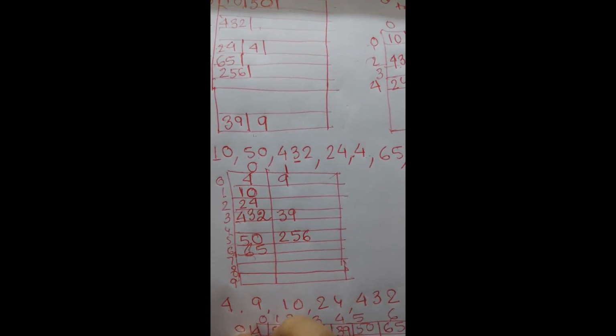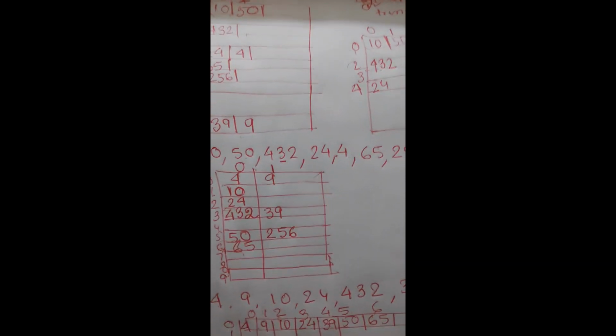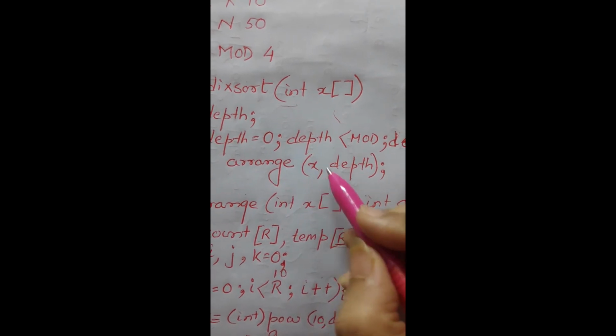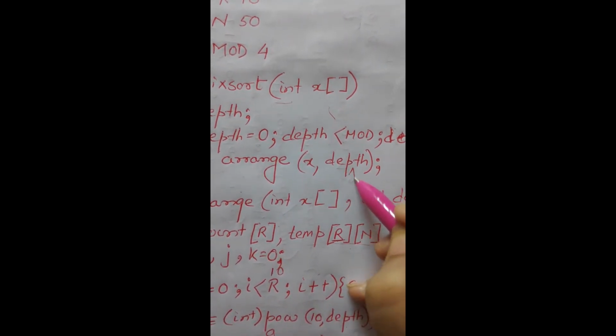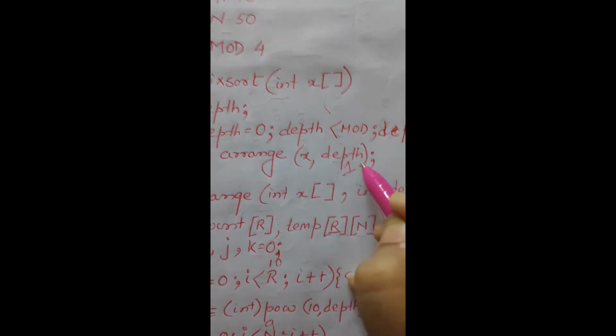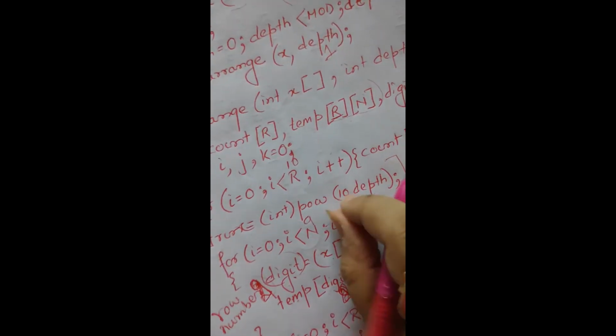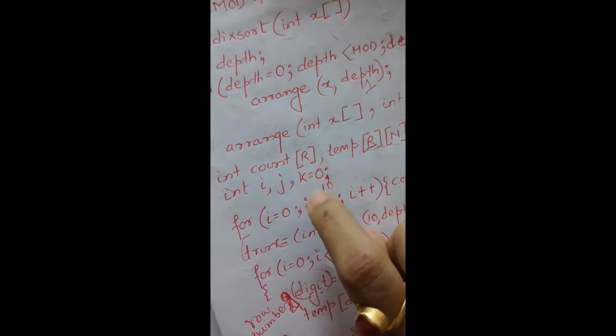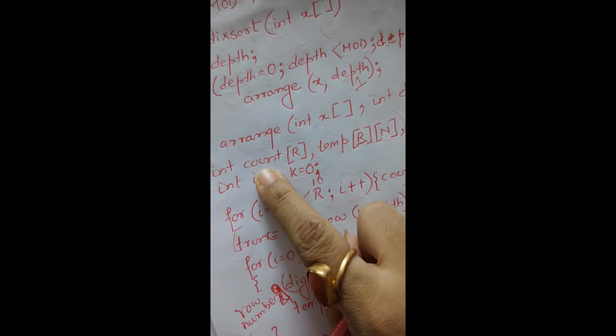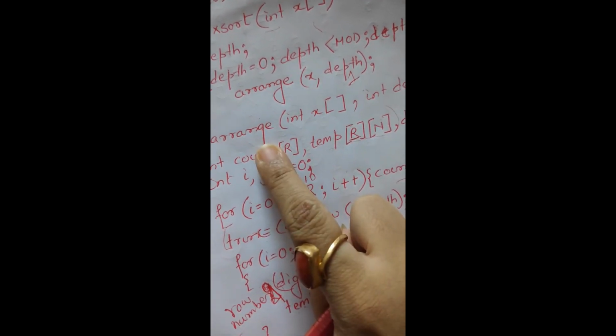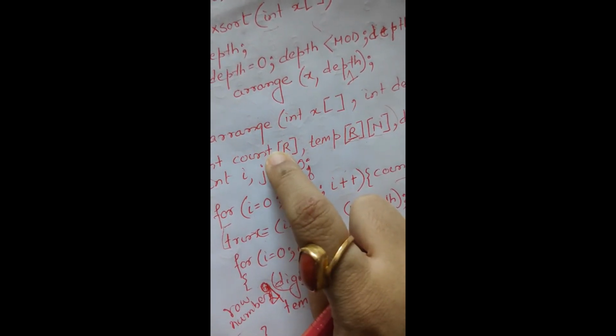Now after we have got this list, I want to show you something. Again, we will call the arrange function using x comma depth. Now the depth will become 1, right? That means we are going to work on the tens place numbers. So again, when the arrange function is called, the count array is going to keep count of the number of numbers in each of the rows.